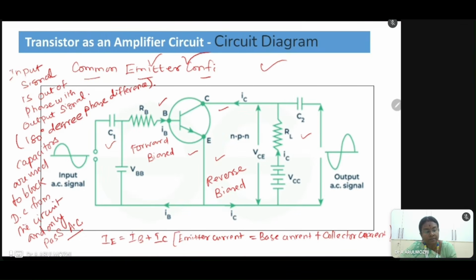Okay, so this is regarding this circuit diagram. Here we will talk about how the signal is being amplified in the next slide.